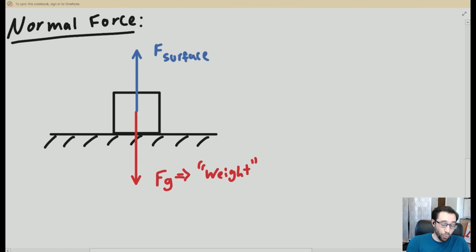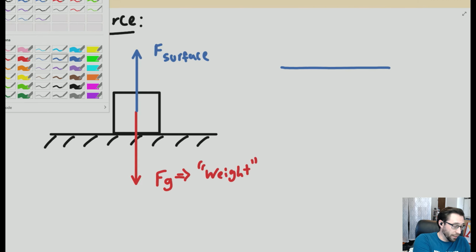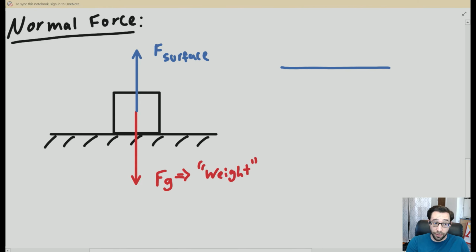The word normal is referring to the mathematical definition of normal. So if I have a line like this and I wanted to draw a line that is normal to that line, it would be something that is perpendicular, or in other words, 90 degrees to the surface or to this line. Does that make sense?